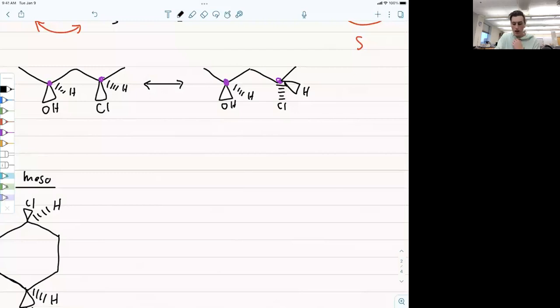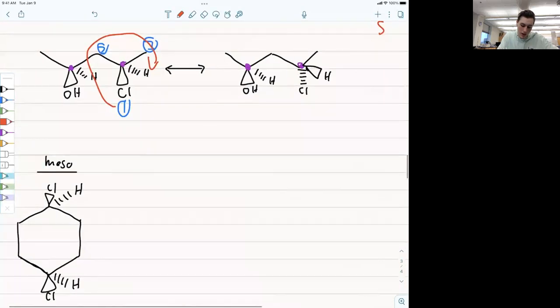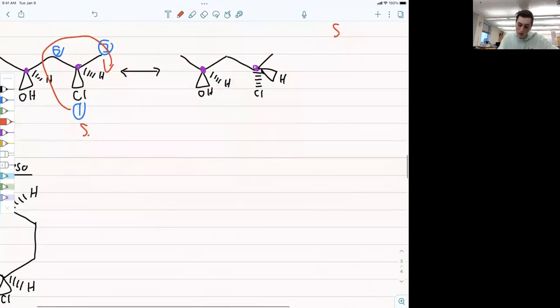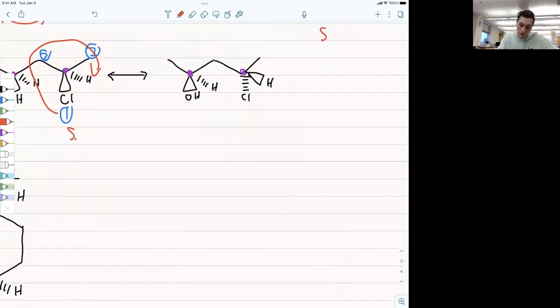So if I look at it, for the one that actually flipped, I know it's going to be 1, 2, 3, which will produce this, and that would make it S, and the lowest priority group is in the back. This one would still be 1, 2, 3, but it will actually flip to R because the lowest priority group is not in the back.